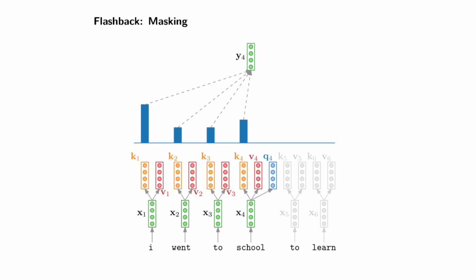And how it does that mathematically is it puts an attention score of negative infinity for all the time steps that follow, which means that the attention weights are 0 for those time steps. And that means that when you're calculating, in this case, the fourth representation here, you're not going to incorporate any of the things that happen in the future.